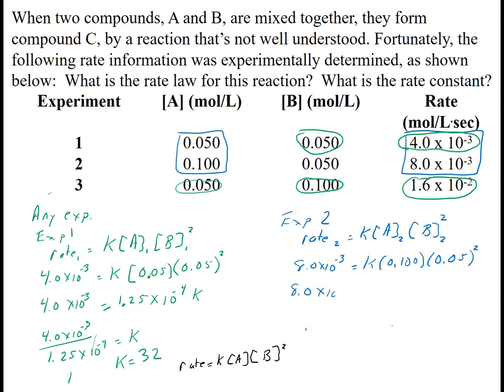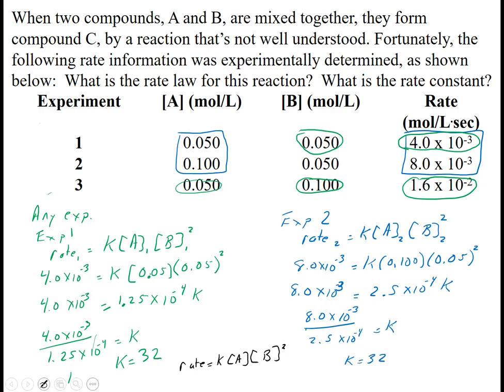That ends up being 2.5 times 10 to the minus fourth k. Divide both sides by 2.5 times 10 to the minus fourth, so k also ends up being 32.